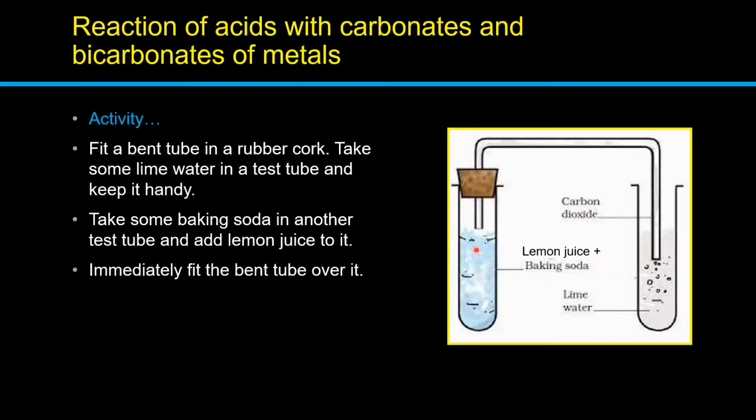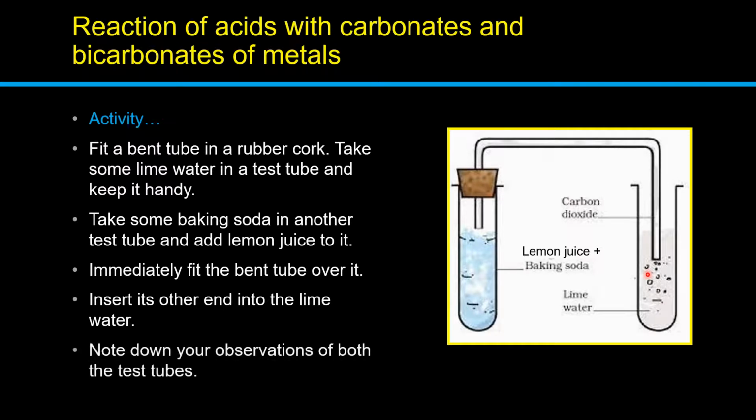So this test tube contains lemon juice and baking soda. This is a bent tube fitted with a rubber cork. This is the lime water solution. After adding lemon juice, immediately fit the bent tube over it. Insert the other end into the lime water solution. Note the observation that you see in this test tube as well as here.